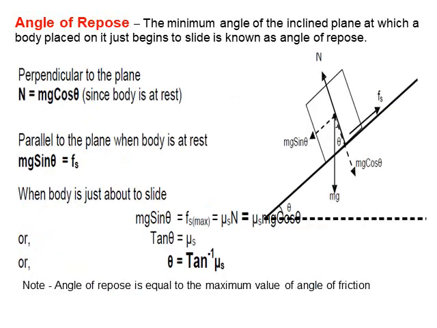Angle of repose. It is the minimum angle that an inclined plane makes with the horizontal when a body placed on it just begins to slide down. As shown in the figure, consider a body of mass m placed on an inclined plane.